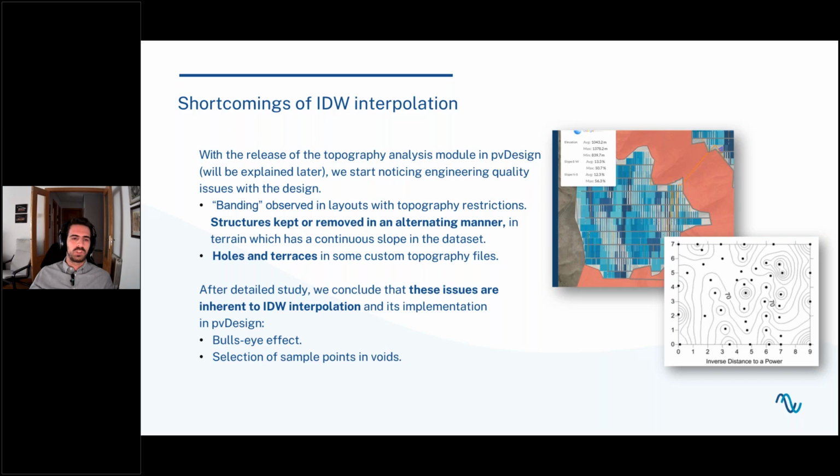And this produces a situation where we have undulations in the terrain, right, which weren't actually there. They were false. They were an artifact of the interpolation rather than a real life thing.